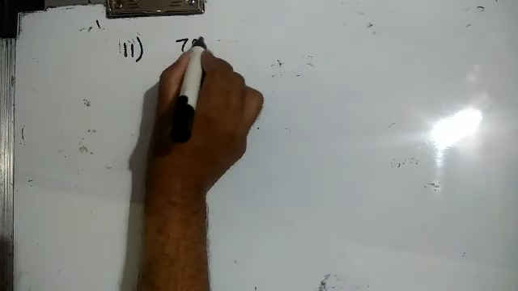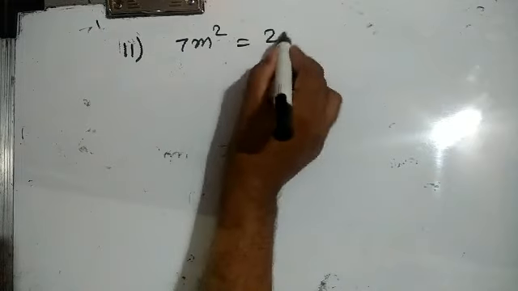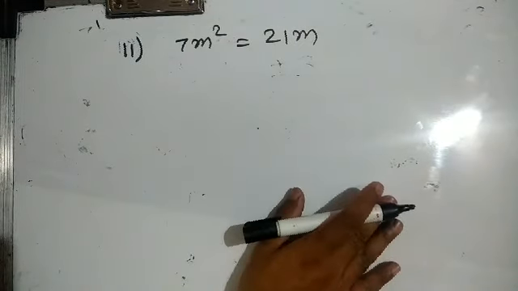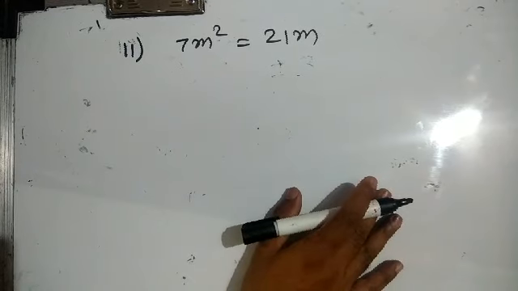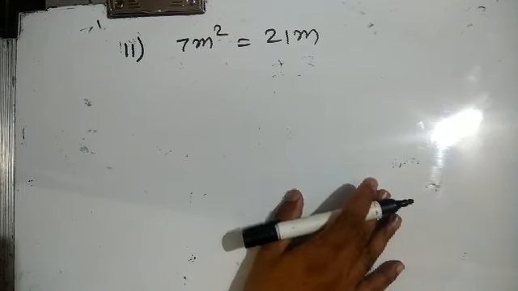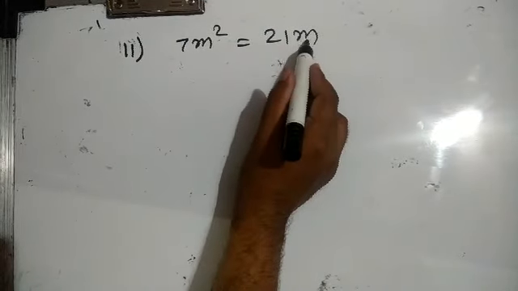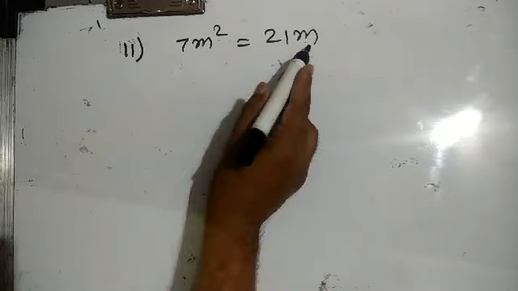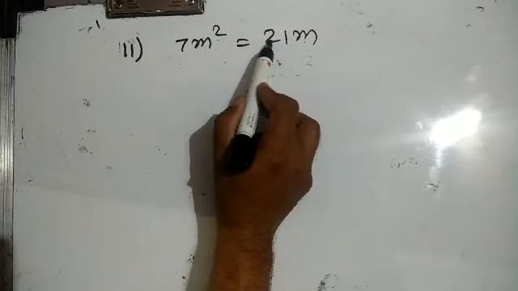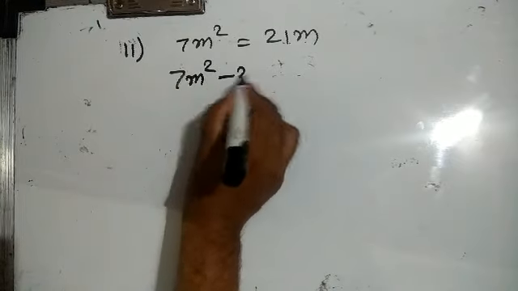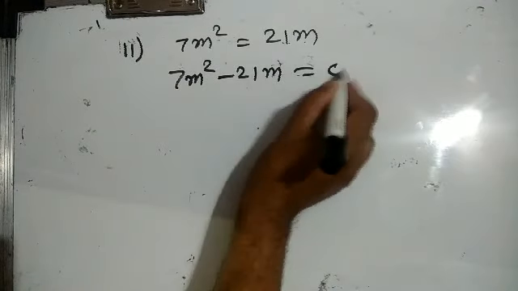Then the 11th problem. This is also very simple. 7m² is equal to 21m. Again here, write down this 21m to the left hand side, because this is not a perfect square. Therefore, we can write 7m² minus 21m is equal to 0.